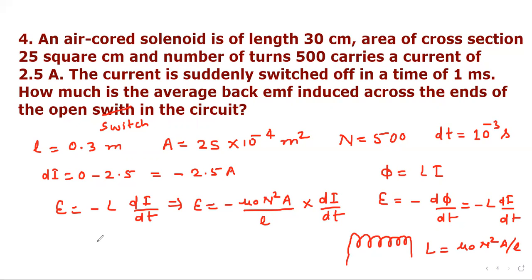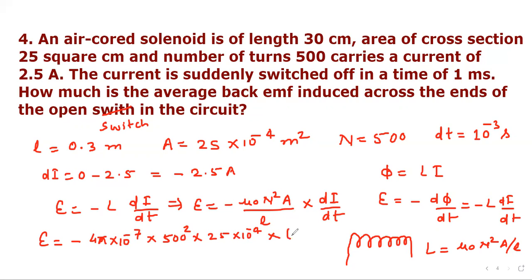Now let's put values. So E equal to minus mu naught is 4 pi into 10 to the power minus 7 into number of turns squared, that is 500 square, times area is 25 into 10 to the power minus 4, into di by dt.